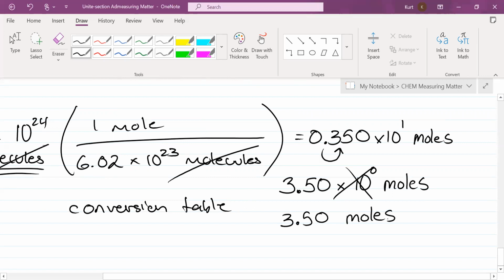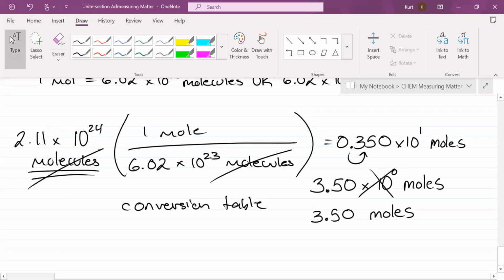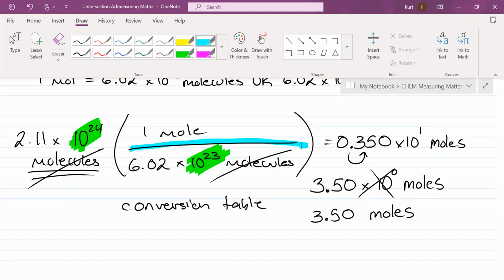moles. And so the thing that I think, as a former chem student that used to struggle on his own, the thing that you guys may not remember is that when you have numbers in scientific notation and you are dividing, you have to subtract those numbers, right? Max, 10 to the 24th, the key number being 24, minus 23. 24 minus 23 is 1.